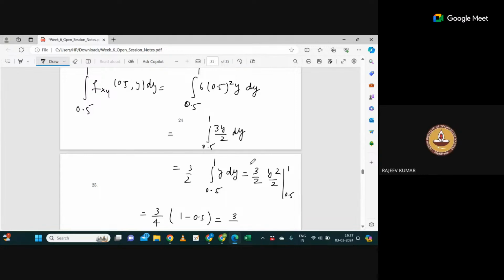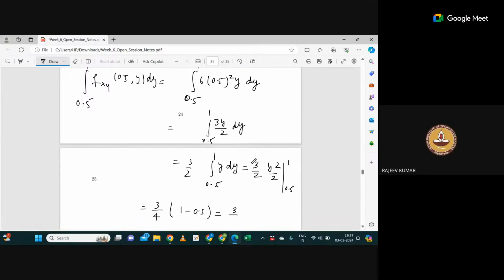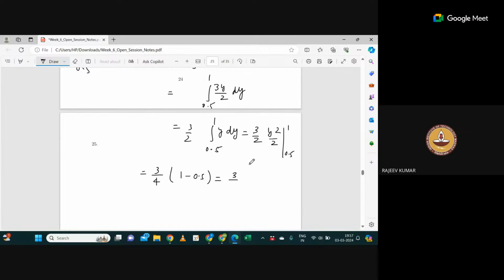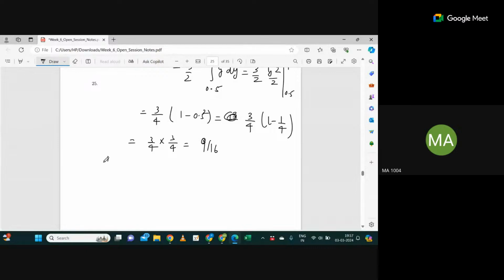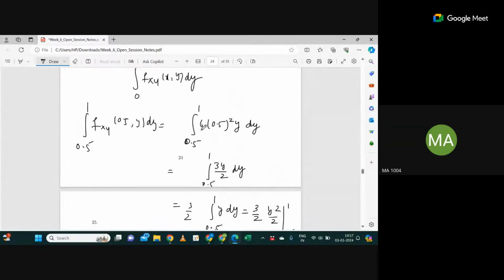Yes, y square is there. So it will be 3 by 4 times (1 minus 0.25), which is 3 by 4 times 3 by 4. So it is 9 by 16. Thanks for the correction.